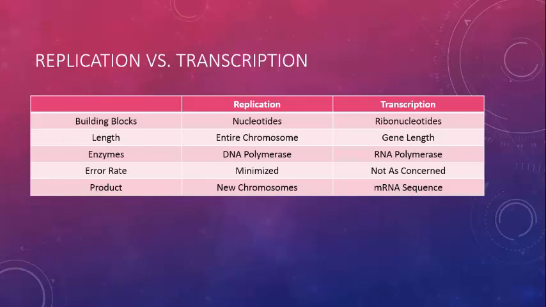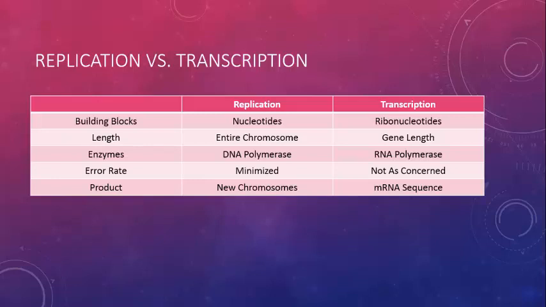The first of these is that the mRNA sequence does not stay hydrogen bonded to the DNA molecules. Once the RNA polymerase has finished its job, the sequence will release from the DNA molecule, allowing the DNA to reform into the double helix. The second major difference is the length of the mRNA.